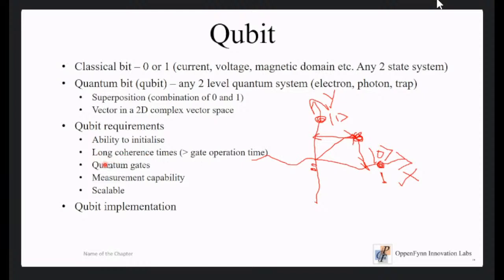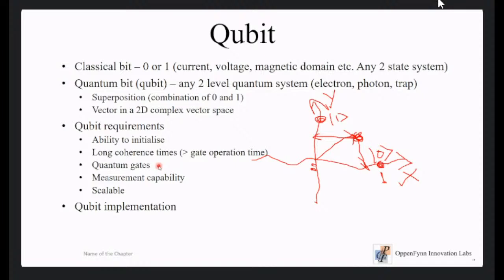The other requirement for a qubit is that it has to have the ability to make quantum gates. Just like if you make zeros and ones using a transistor, using some logic, let's say CMOS or NMOS logic, using the same logic, you would want to build classical gates, NOT and so on.